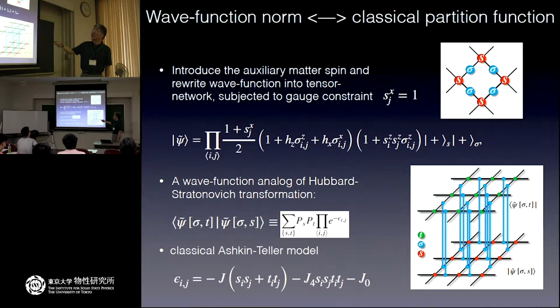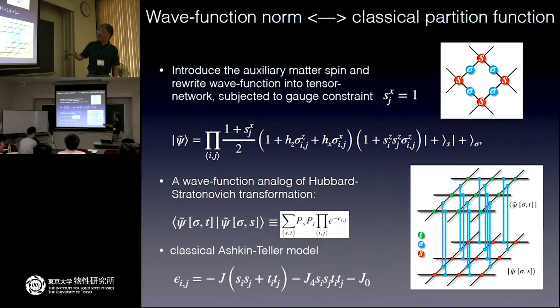This is the previous deformed projector operator, and in particular, you should look at this term. This term clearly indicates the interaction between the physical spin and the auxiliary spin. They are coupled together in this term. Then we consider the norm of the wave function, analogous to the plasma treatment for the Laughlin wave function.